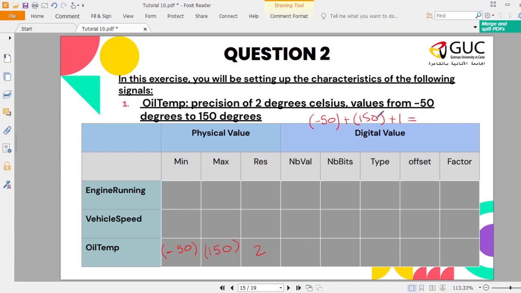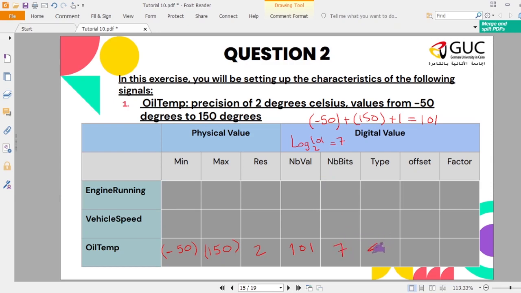So we will be having 101 values. Which we have here, 101, and the total number of bits is log base 2 of 101, which is 7. If it's not exactly 7, we had an approximation, so the number of bits is 7.